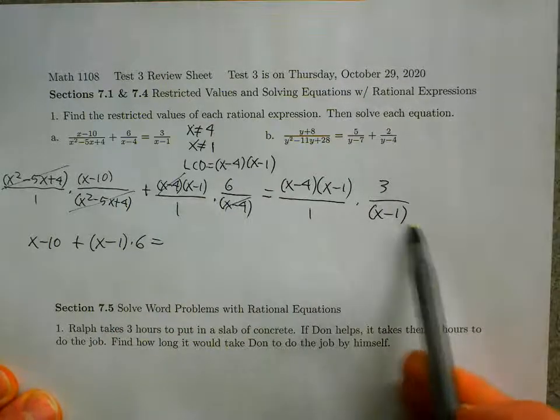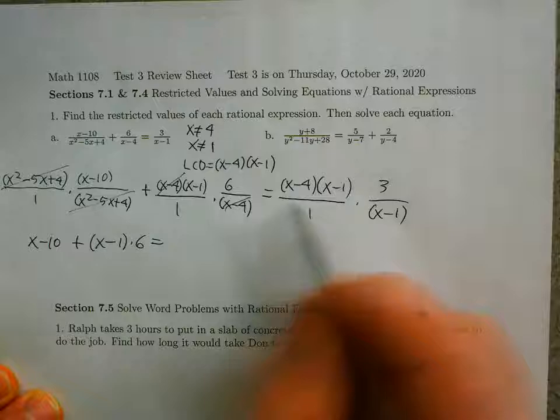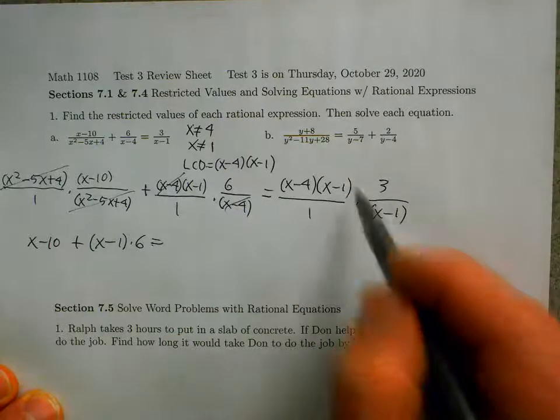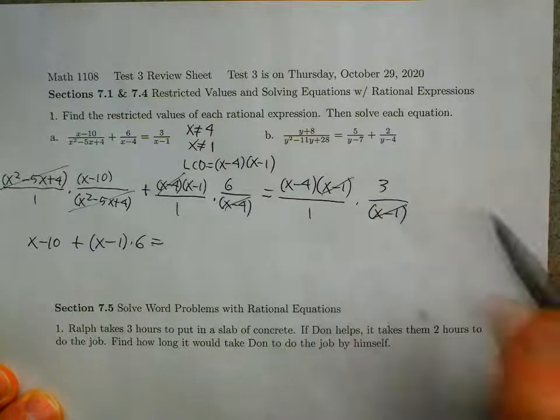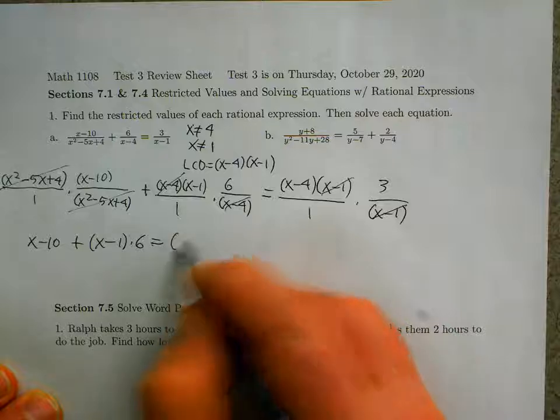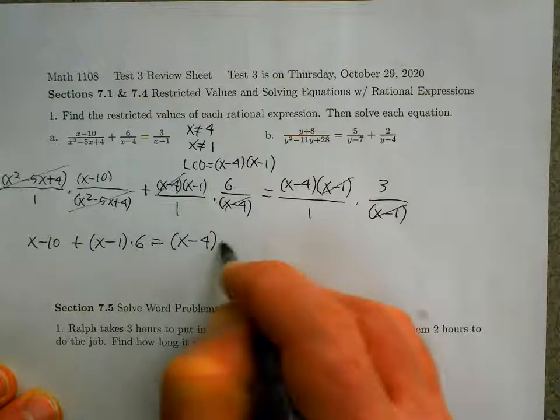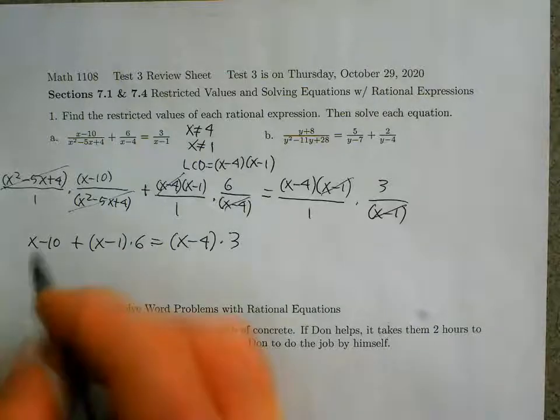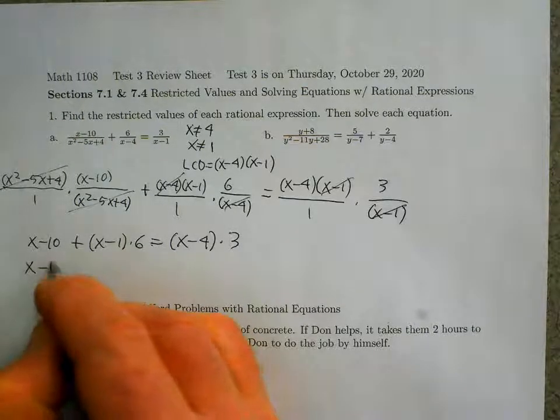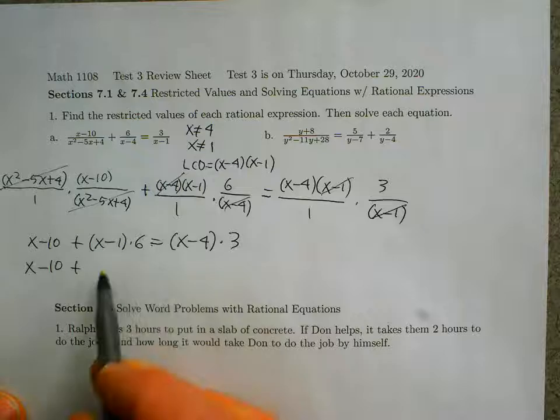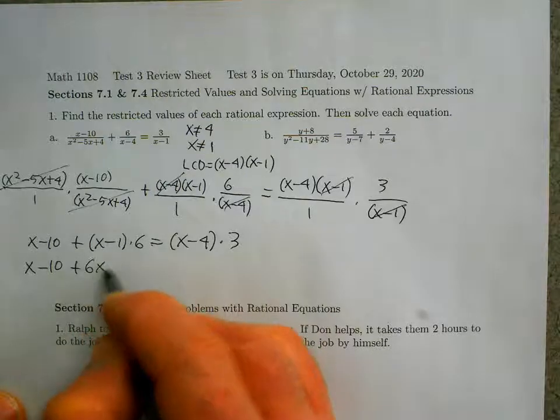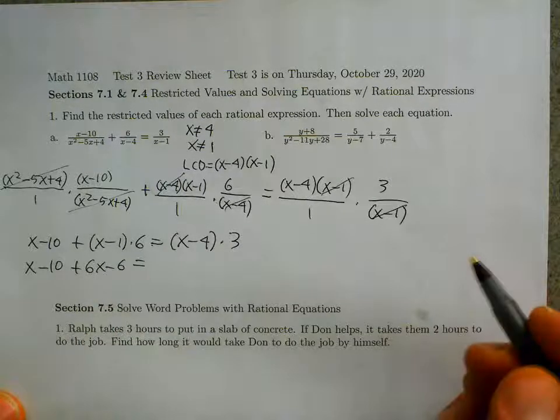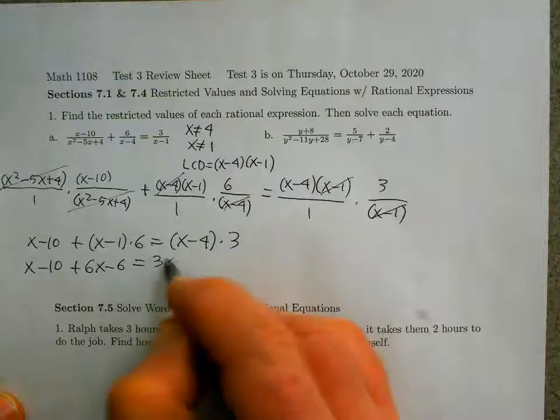And on the right-hand side of the equation, the x minus 1 factors cancel, so we get x minus 4 times 3. Okay, so we'll solve this equation: x minus 10, and then plus 6x minus 6. On the right-hand side, 3x minus 12.